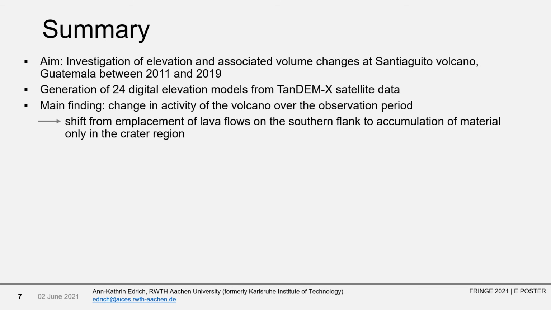Second, between 2016 and 2019, where we observe a shift of activity towards the accumulation of material mainly occurring in the crater region. This change in behavior of the volcano is also the main finding and take-home message of this e-poster presentation.